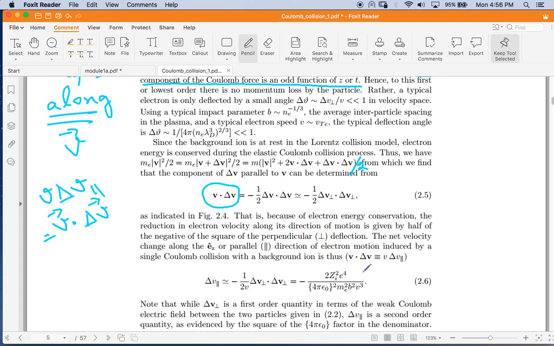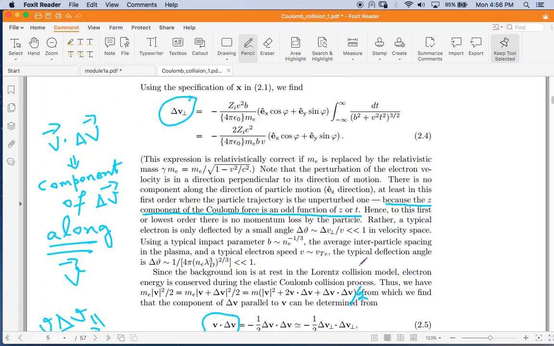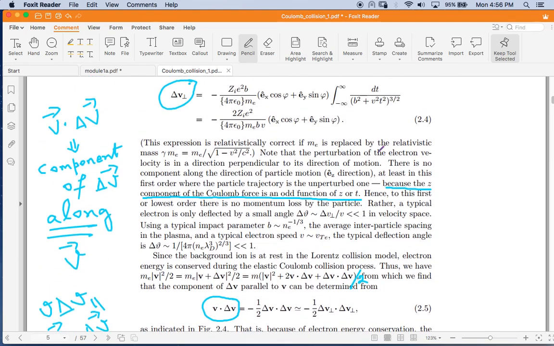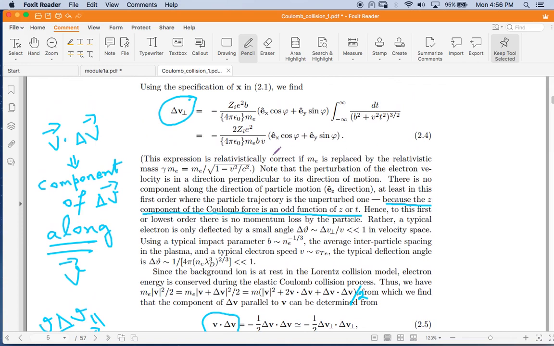You have a b squared v cubed. You see that, right? You get a v squared here, and because there's an extra v dividing it, you have a v cubed. Okay, and I wonder where the b squared came from. Yeah, well, that's simply because of the two factors of delta v perpendicular.